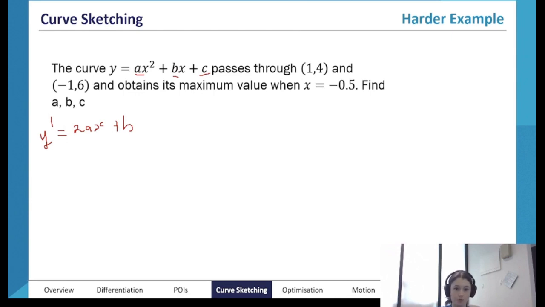We know that a maximum point occurs when x is equal to negative 0.5, so we know that y dash equals 0 at x equals negative 0.5. And remember, this is a maximum, so we have one more condition, which is that the second derivative is going to be less than 0. So we also need to prove that for this information.